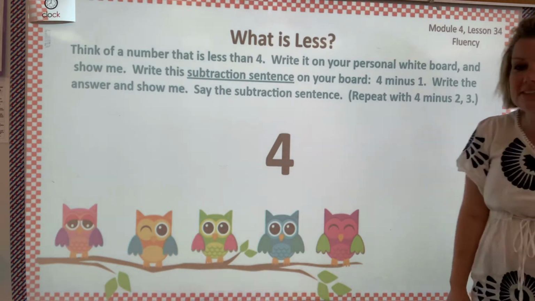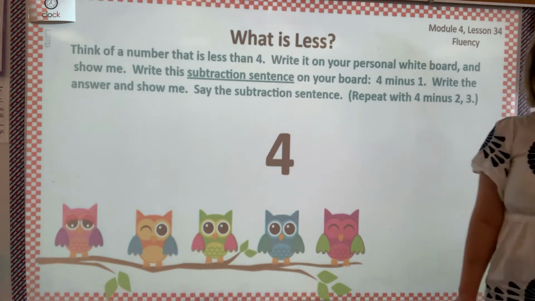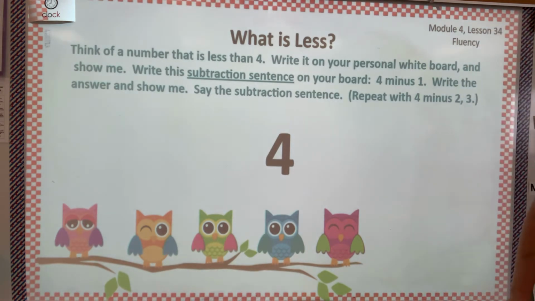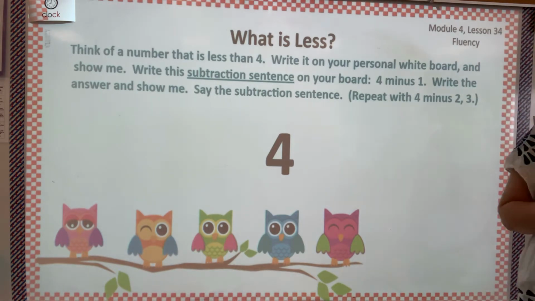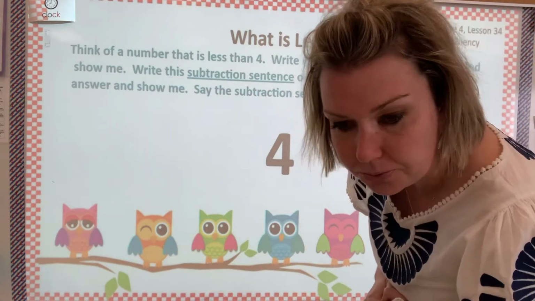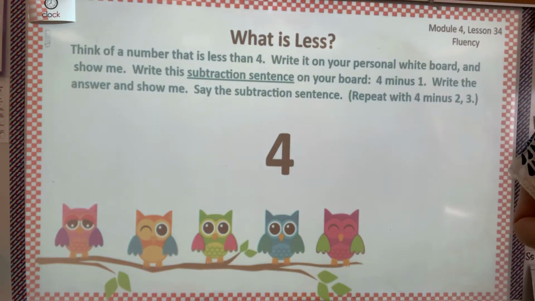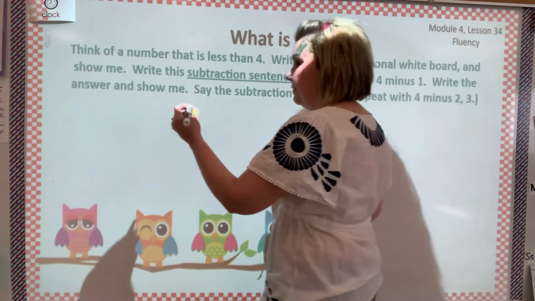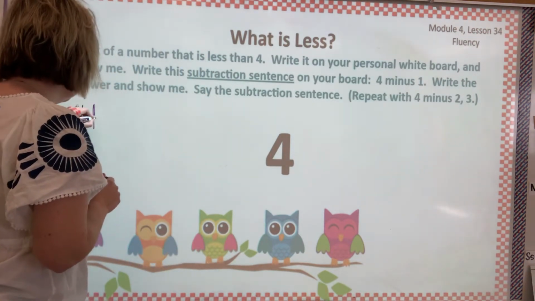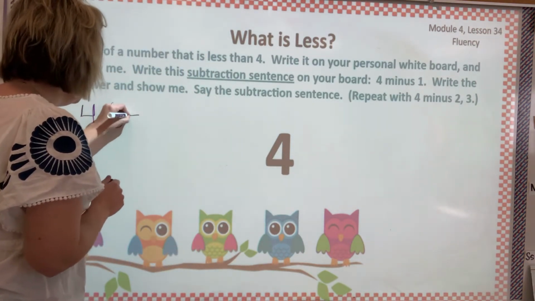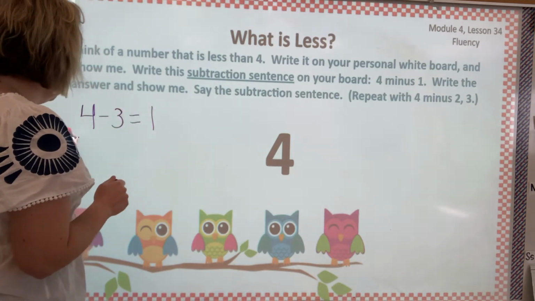You gotta write your subtraction sentence, Russell. That's good. I see your 3. Write your subtraction. Ooh, very good. Excellent. Hold it up. Good job, Landon. Good job, Russell. Good job, friends. Okay, so I see friends putting things like this. 4 minus 3 equals 1.